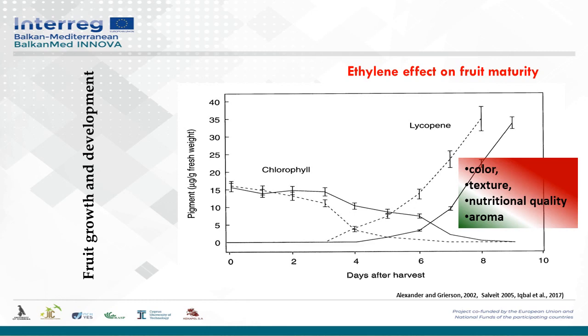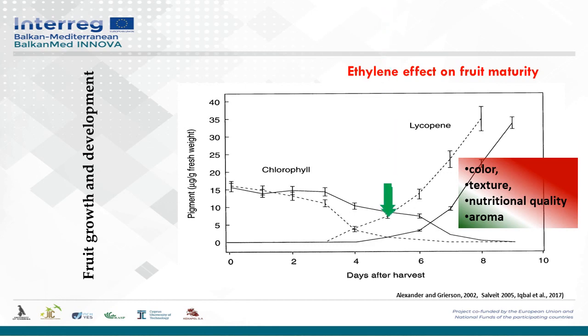And you have here two different lines. Here is the content of the chlorophyll in fruit under controlled conditions, and you can see how, parallel with the decrease of the chlorophyll content, we have a quick increase of lycopene production, even naturally, and this is with uninterrupted lines.